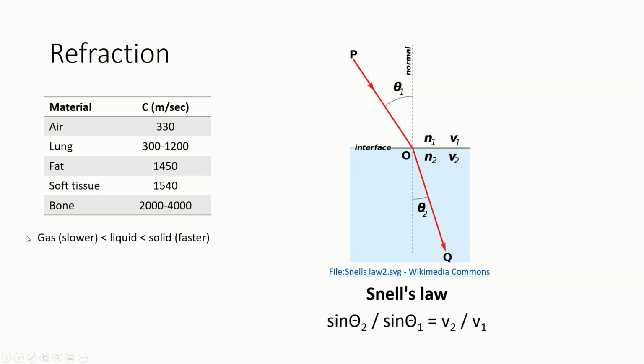In general, the velocity is slower in gas, then liquid, then solid. This is fastest, so that will make the refraction. And this is some high school physics, Snell's law.